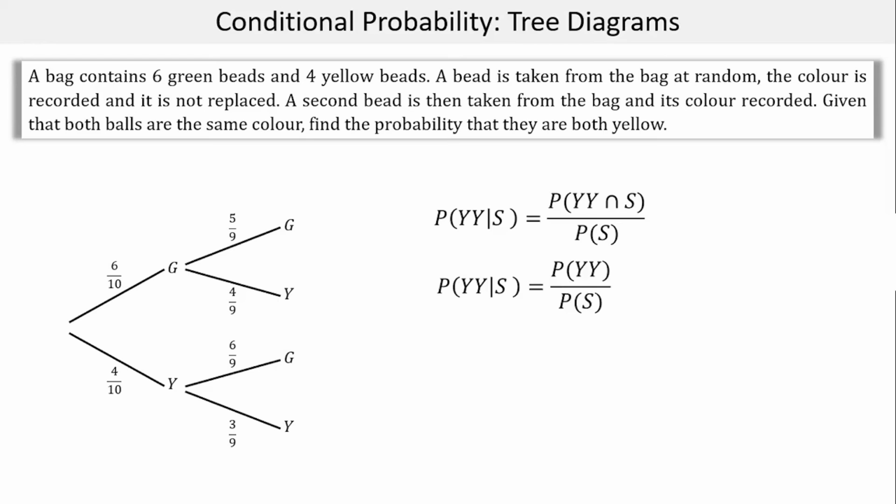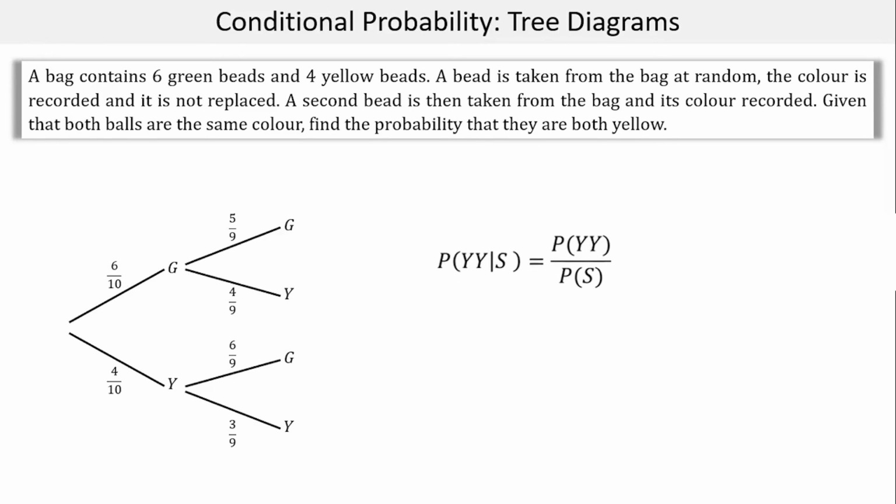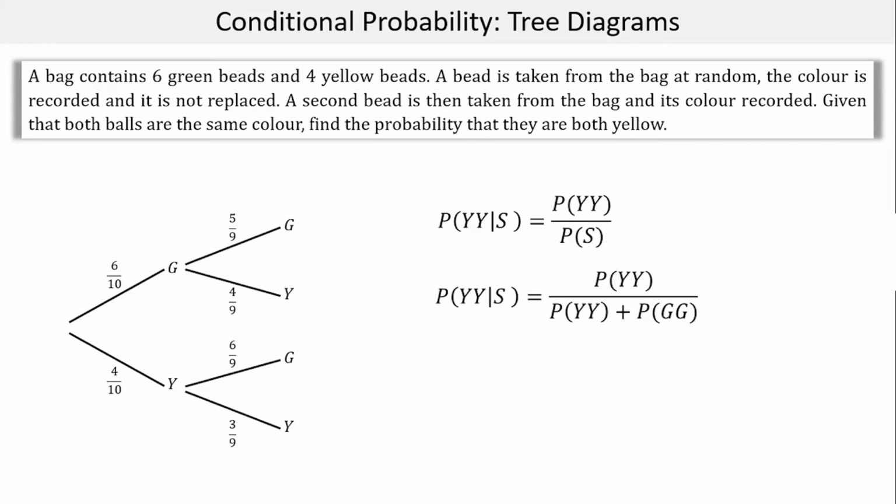Let's actually try and find some probabilities now. We'll start with the denominator. What's the narrowed scope of interest? I'm initially only interested in the outcomes where both colors are the same. The outcomes I'm interested in are yellow yellow and green green. For yellow yellow, we're going to be multiplying down these branches, 4 over 10 times 3 over 9.